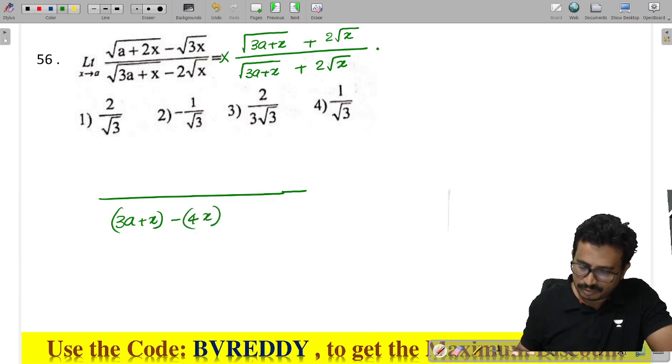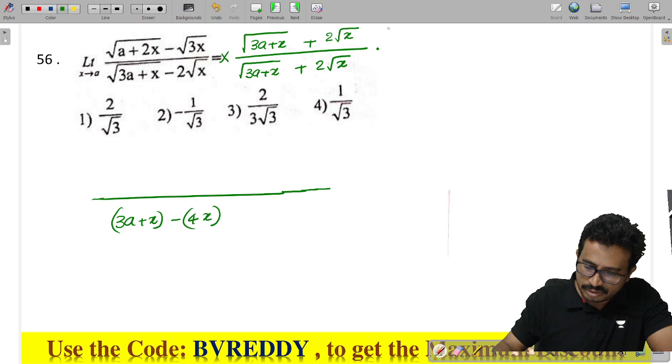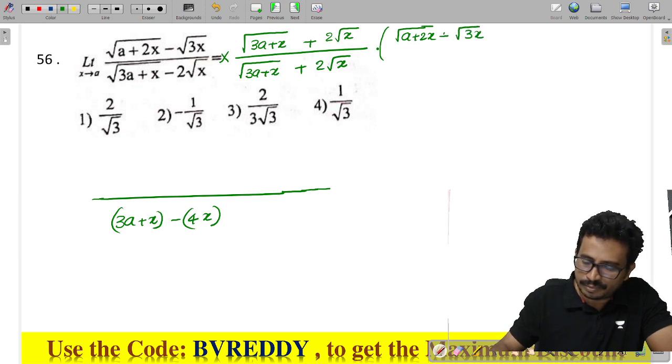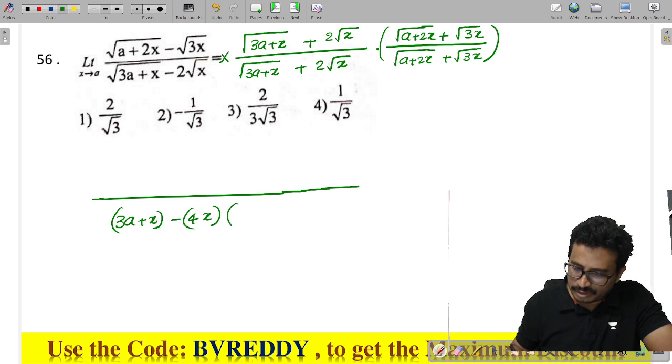Tell me. 4x. Next here, the numerator, what will we get? You see this thing here. And what we can do here, let us multiply the numerator also. That is a plus 2x minus root 3x, plus. Now this is a plus 2x plus root 3x.